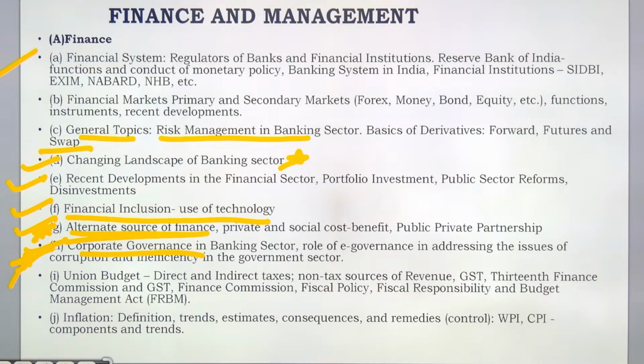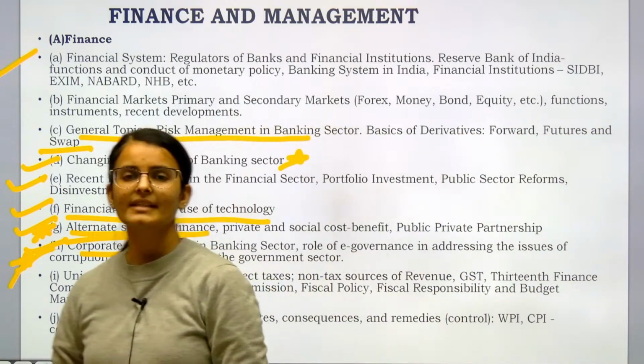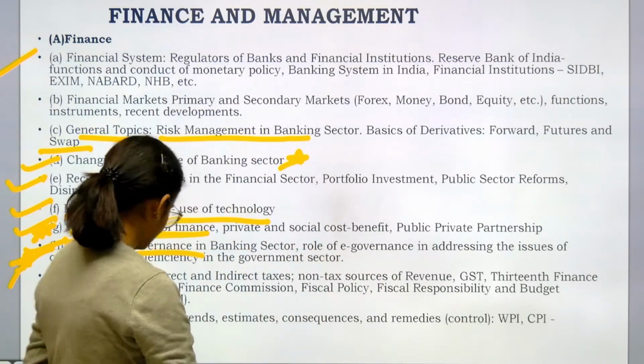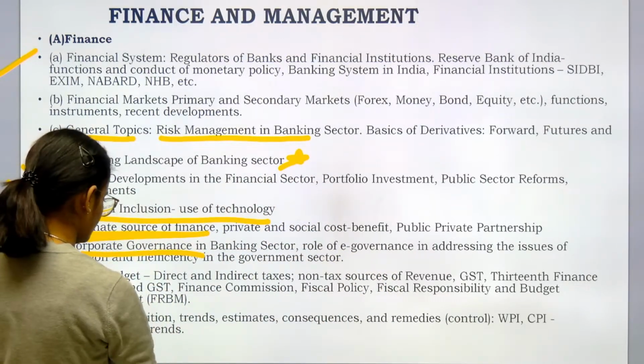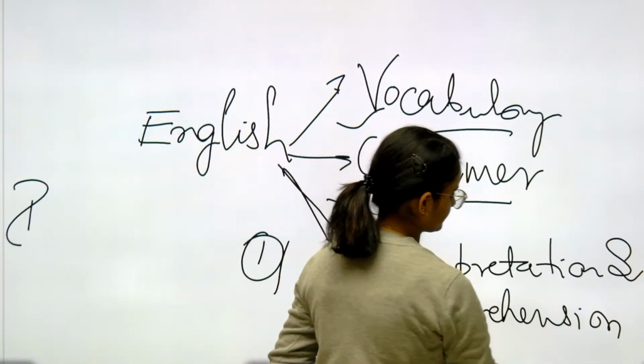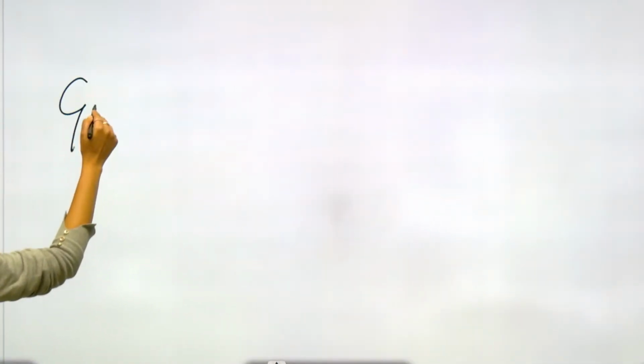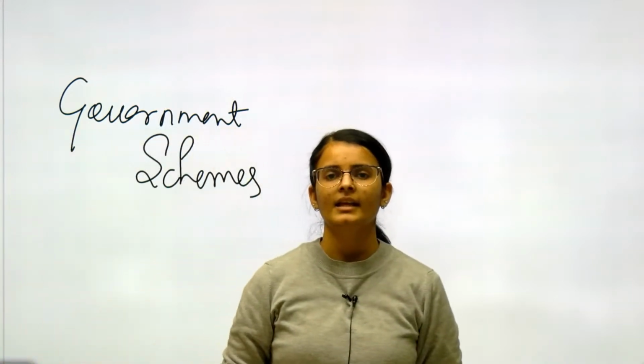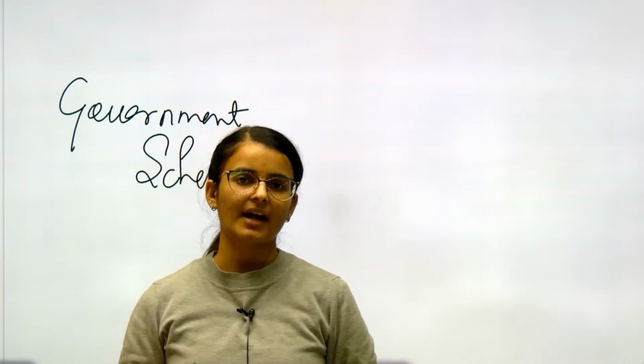Then ma'am, should we cover all the schemes given for RBI Grade B? Nitin Kumar, see, for schemes, what I have seen in my journey, if we talk about government schemes, I have hardly seen that they have asked any scheme randomly.